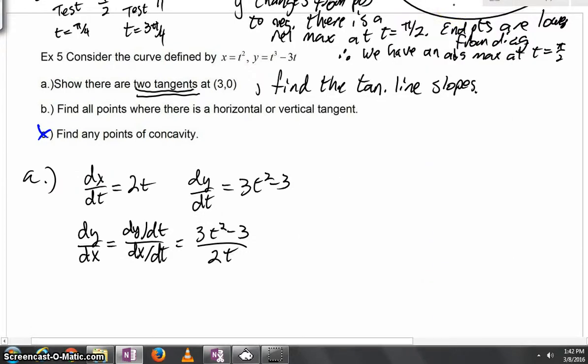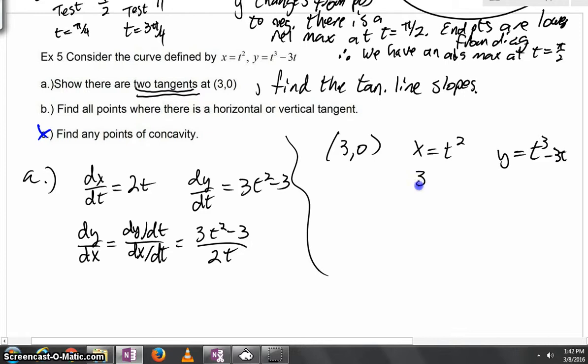what you need to do is start to think in a backwards direction. Look, I'm going to do a little bit of work here. We've got 3, 0. We've got x is equal to t squared. We've got y is equal to t cubed minus 3t. You're saying x is equal to 3 and y is equal to 0.